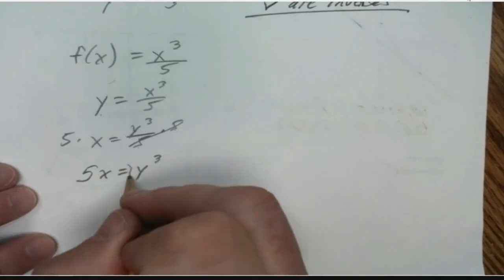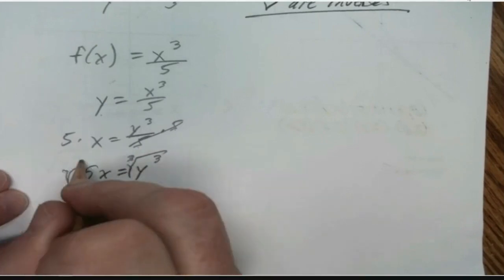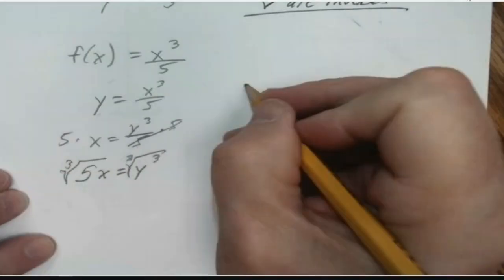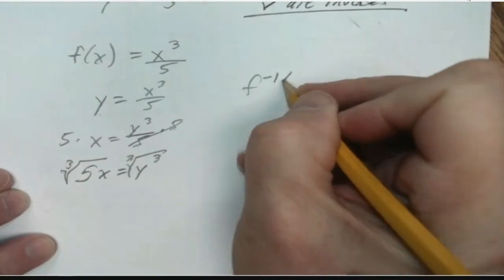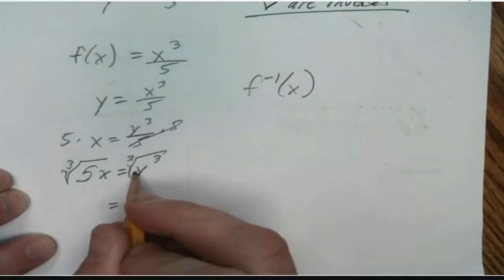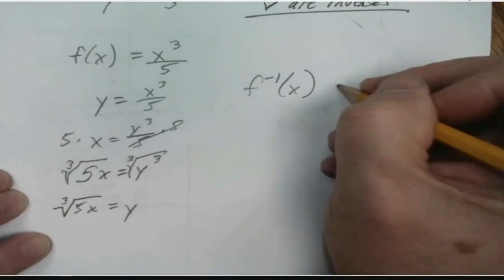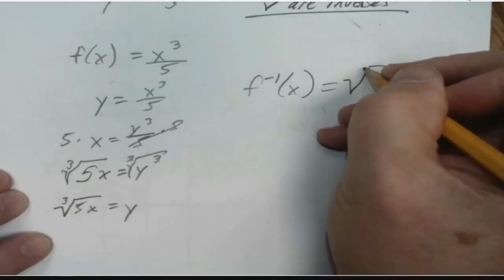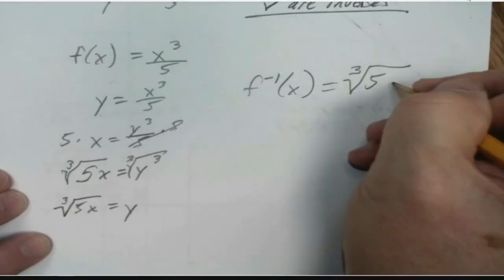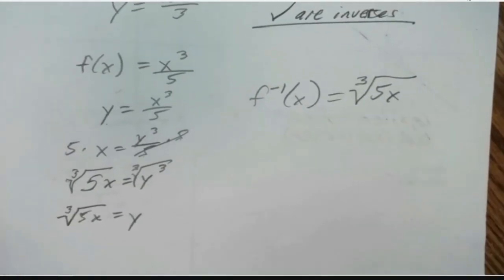So if we take the cubed root of both sides, y is all left over there, and this is the cubed root of 5x. That cannot be simplified any further. The cubed root of 5x is as simplified as it gets.